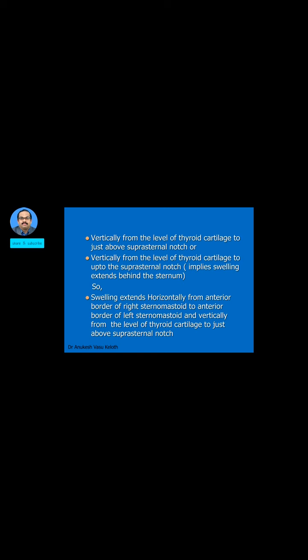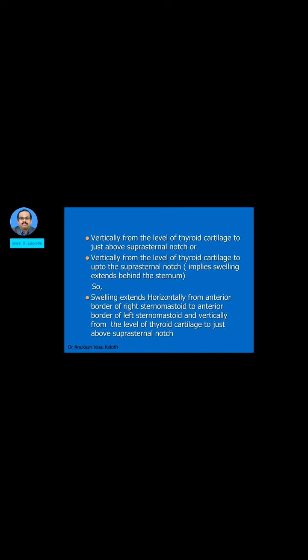Now the vertical extent is usually from the level of the thyroid cartilage to just above the suprasternal notch, or you can say 1 centimeter above the suprasternal notch. Now here the level of the thyroid cartilage is relatively fixed, but the inferior limit may go beyond into the sternum, behind the sternum, that is retrosternal extension. So the next option we have is vertically from the level of the thyroid cartilage to up to the suprasternal notch.